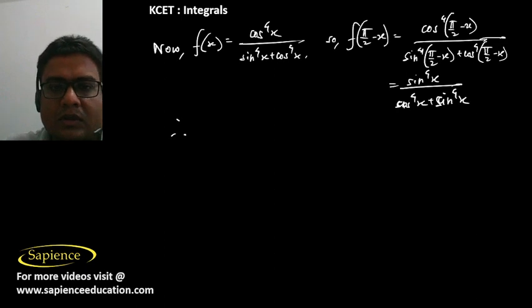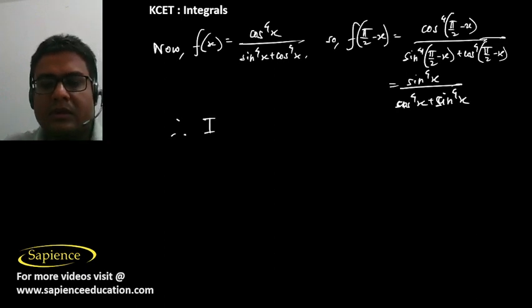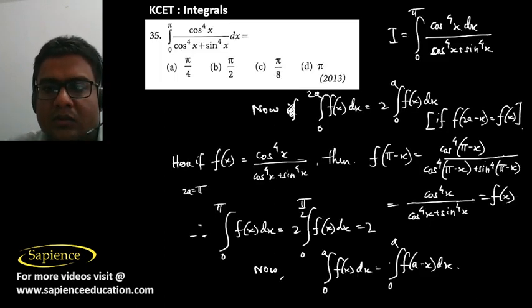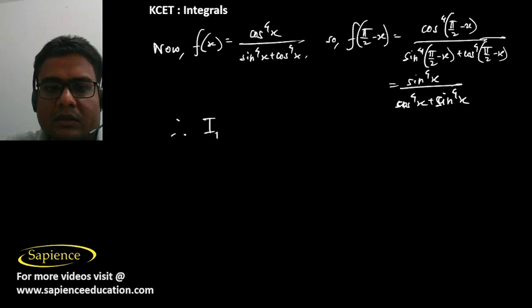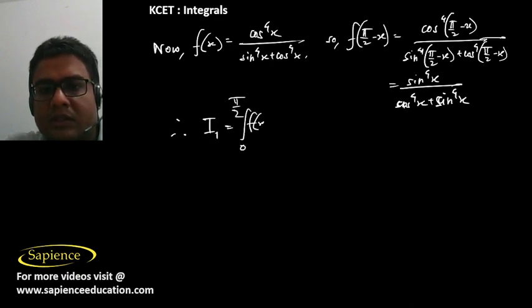Now let's say I is 2 into I1. Now I1 is equal to integral 0 to pi by 2 f of x dx, and that is also equal to integral 0 to pi by 2 f of pi by 2 minus x dx.